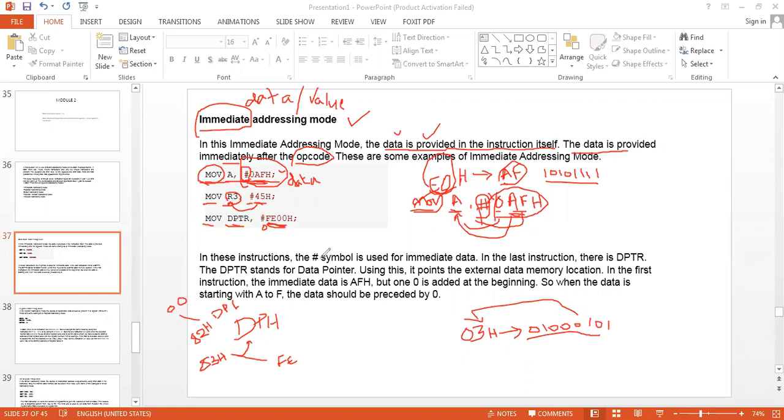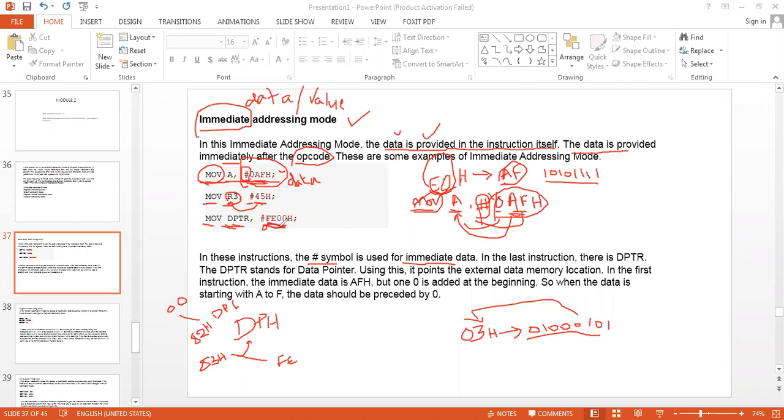Okay, so the hash symbol is used for immediate data. Is it understood? Immediate addressing mode. Basically, the data pointer register is used to point to the memory location. It treats the value as an address, but it always points to this address in the external memory.